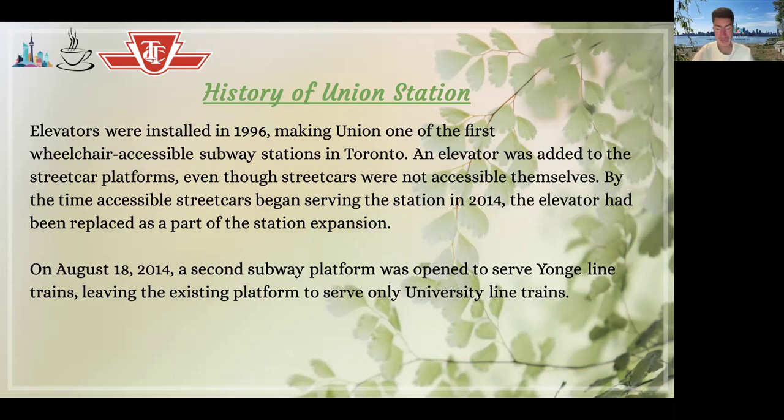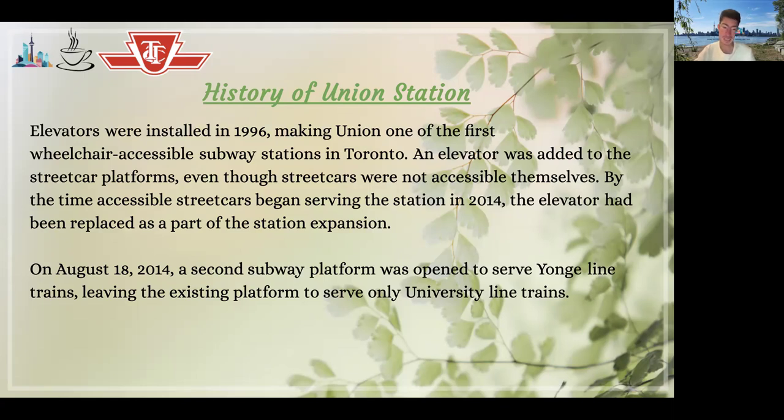An elevator was added to the streetcar platforms, even though streetcars were not accessible themselves at the time. By the time accessible streetcars began serving the station in 2014, the elevator had been replaced as part of the station expansion.